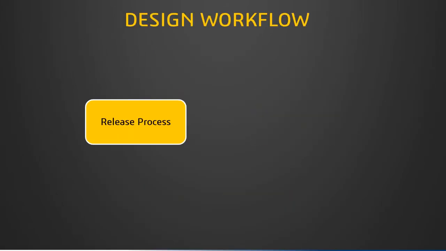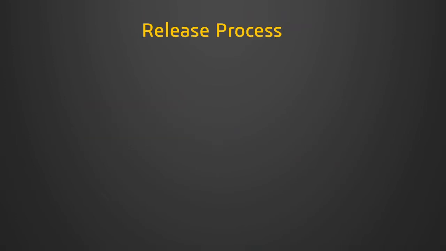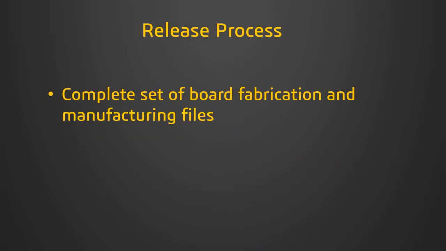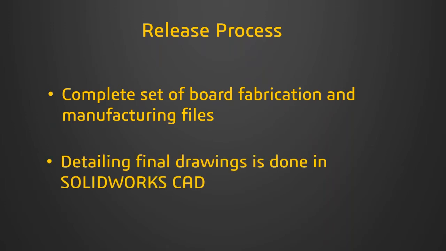In the release process, you've got that whole set of board files, manufacturing files, fabrication files, assembly files, and you can detail all of your final drawings in SOLIDWORKS CAD.